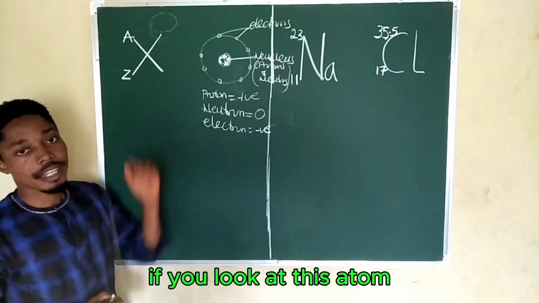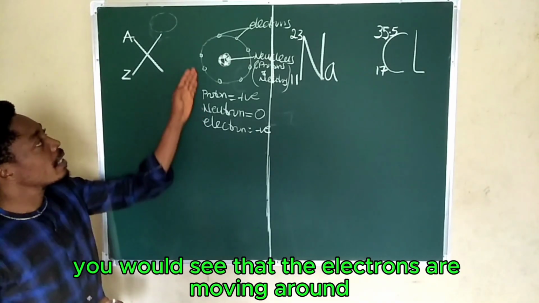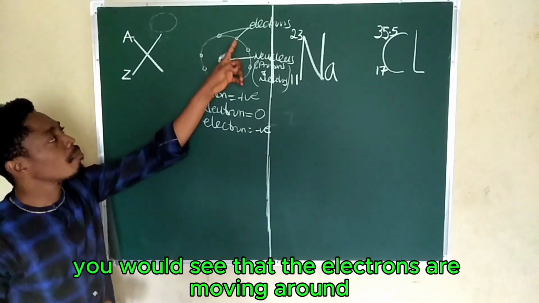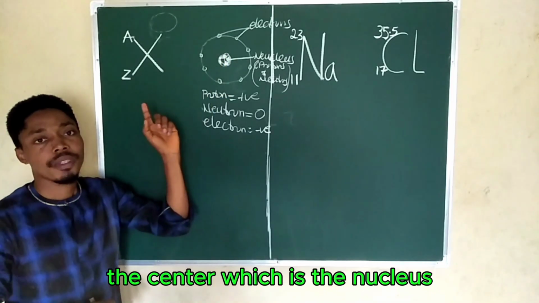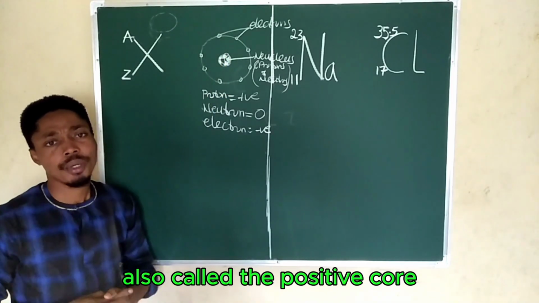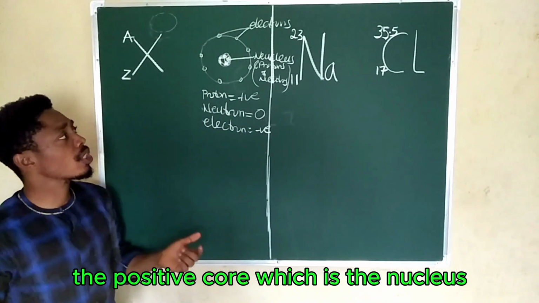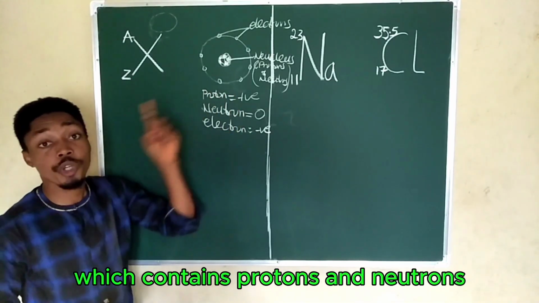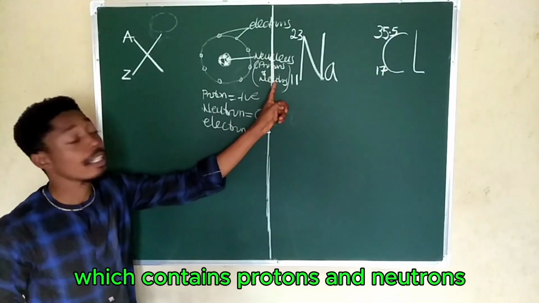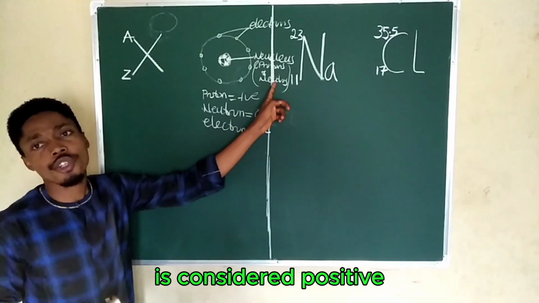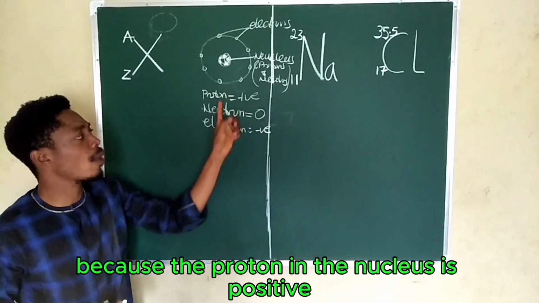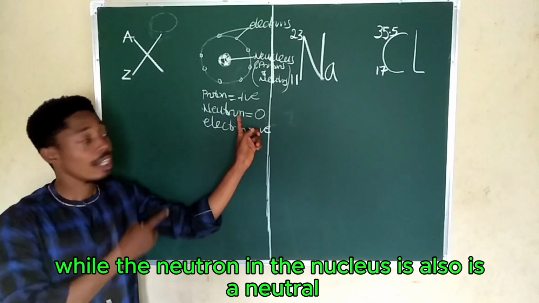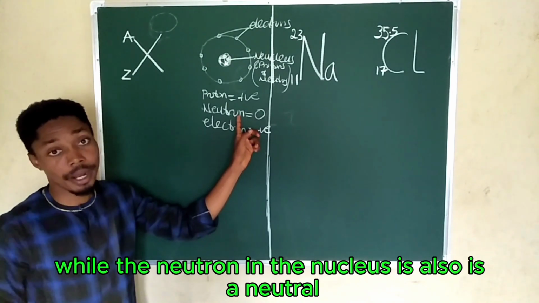If you look at this atom, you would see that the electrons are moving around the center, which is the nucleus, also called the positive core. The positive core, which is the nucleus, which contains protons and neutrons, is considered positive because the proton in the nucleus is positive, while the neutron in the nucleus is neutral.